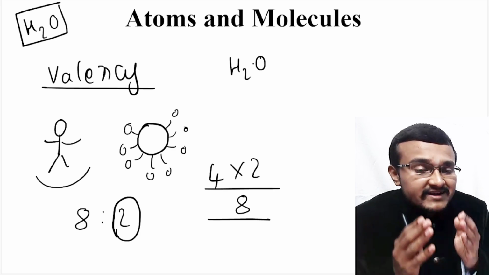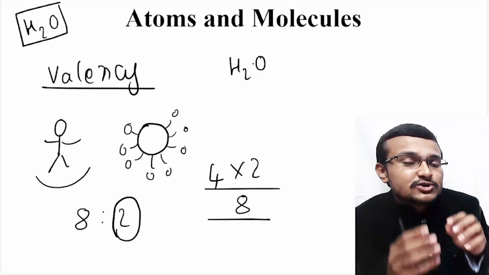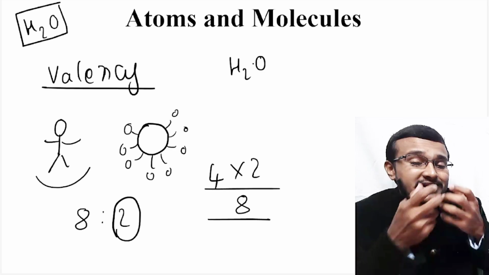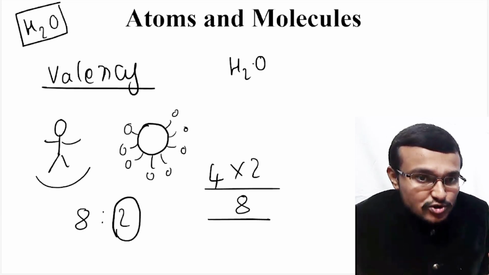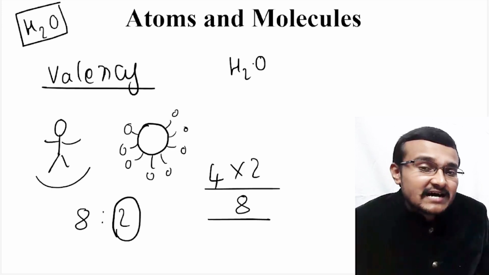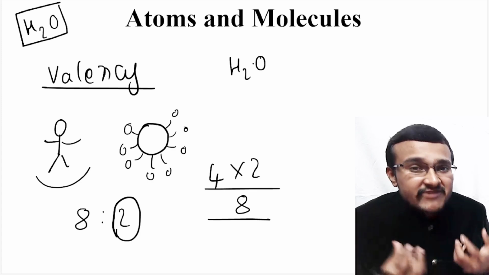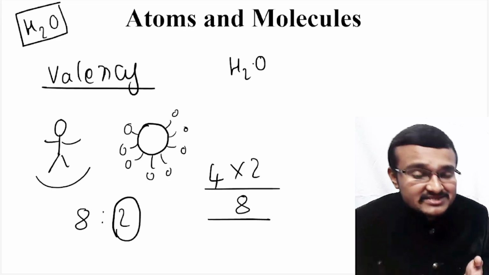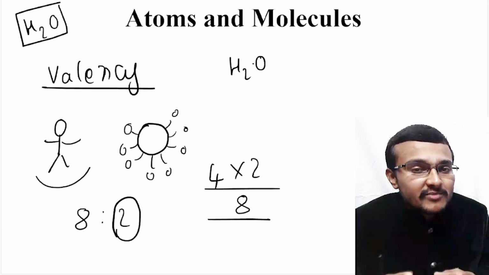That means, in the example of octopus and human beings, 4 human beings are required to catch hold of all 8 arms of the octopus, and each human being has 2 hands, and when they catch 2 arms of the octopus, then 4 people are required to catch hold of all 8 arms. So this is how elements with different valency in the periodic table will form bonding with other elements in the same periodic table to form a stable compound or a stable molecule.